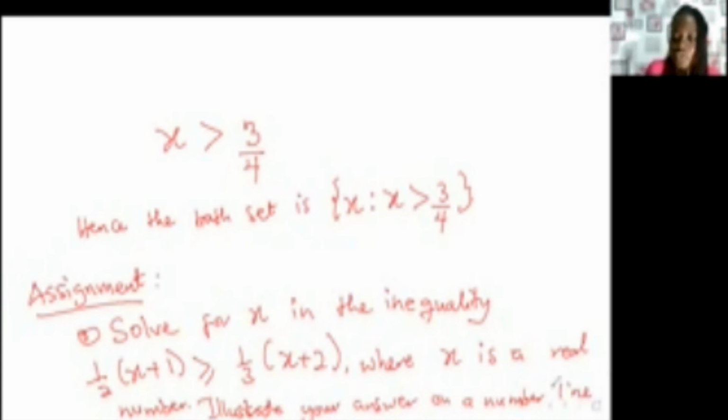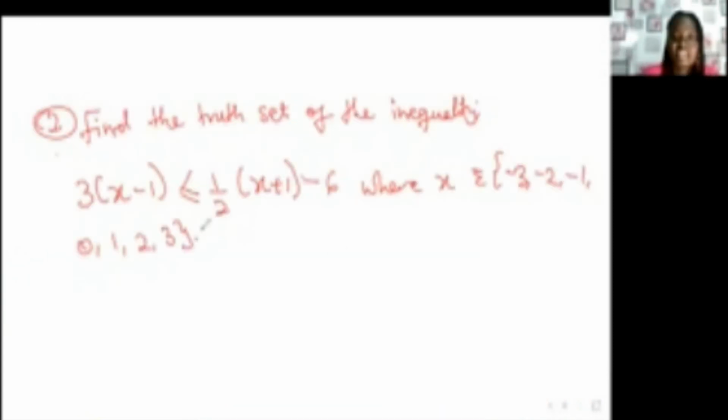I have 2 questions for you. So the second assignment is find the true set of the inequality 3 brackets x minus 1 bracket close less or equal to 1 over 2 bracket x plus 1 bracket close minus 6, where x belongs to these numbers: negative 3, negative 2, negative 1, 0, 1, 2, 3.